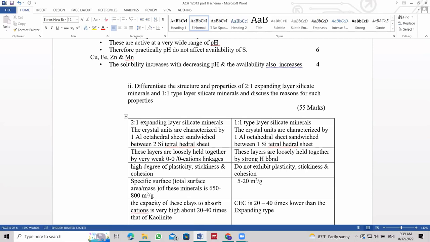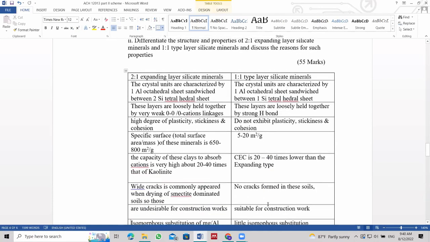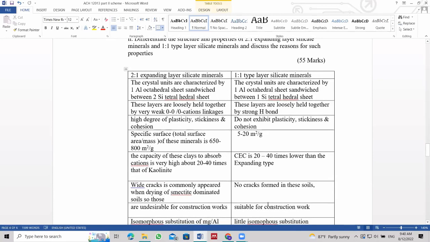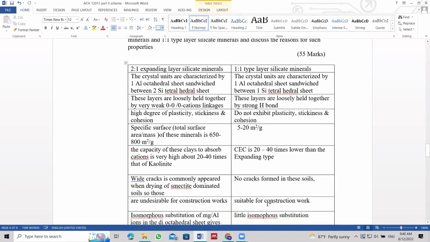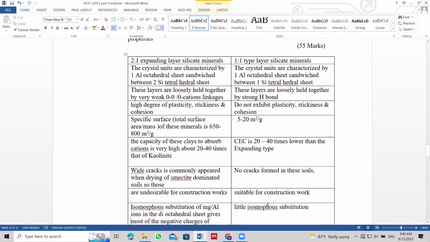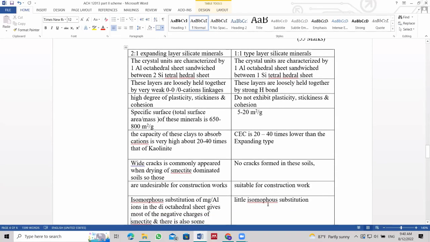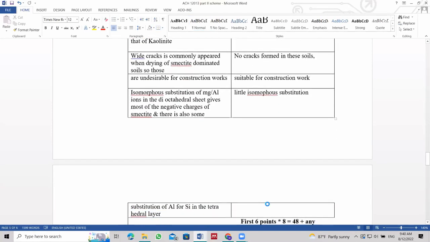That's why they are not expanding. Okay, and these may be almost similar, but cation exchange capacity is medium in 2:1 non-expanding, and other properties are almost the same for both.